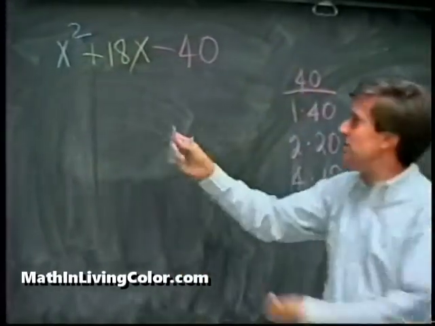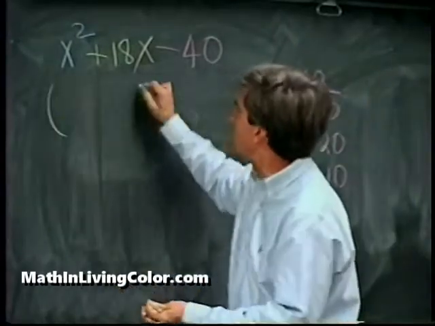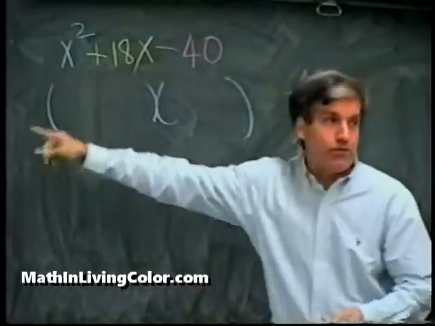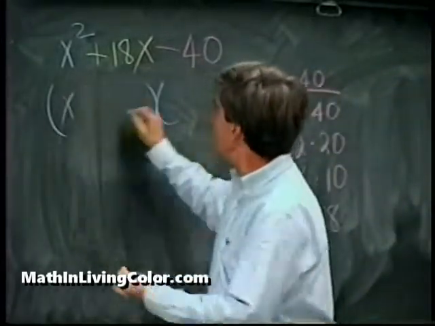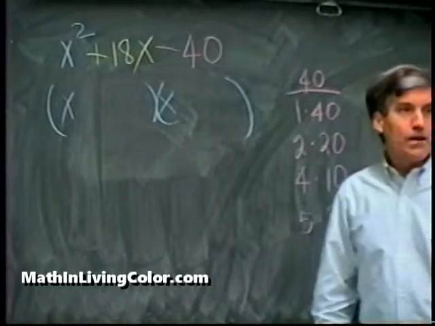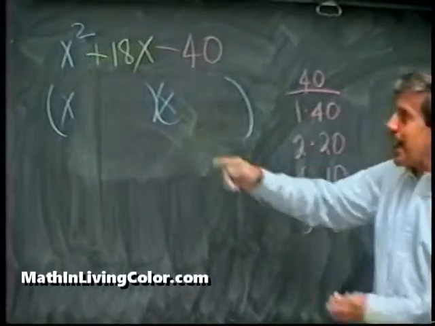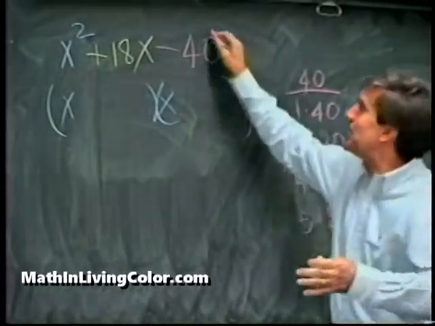Now, what does this tell you? First thing you look for is the two sets of parentheses. First times first is x times x. Now we're looking for the last times last, and this time it's a negative 40.